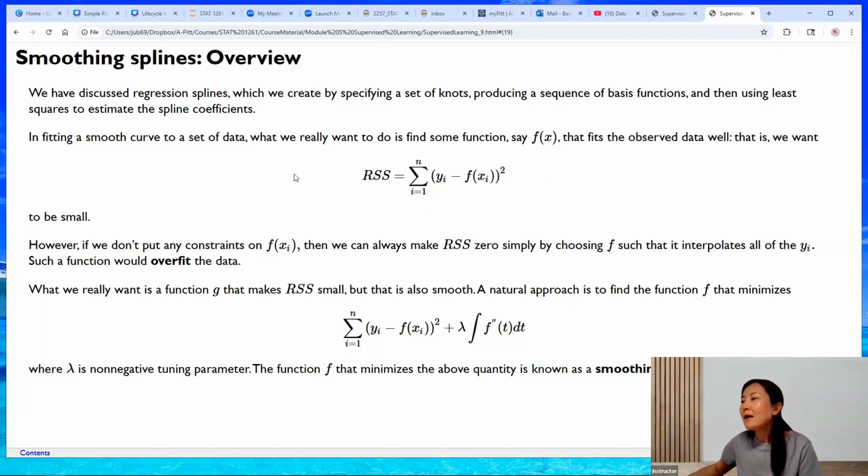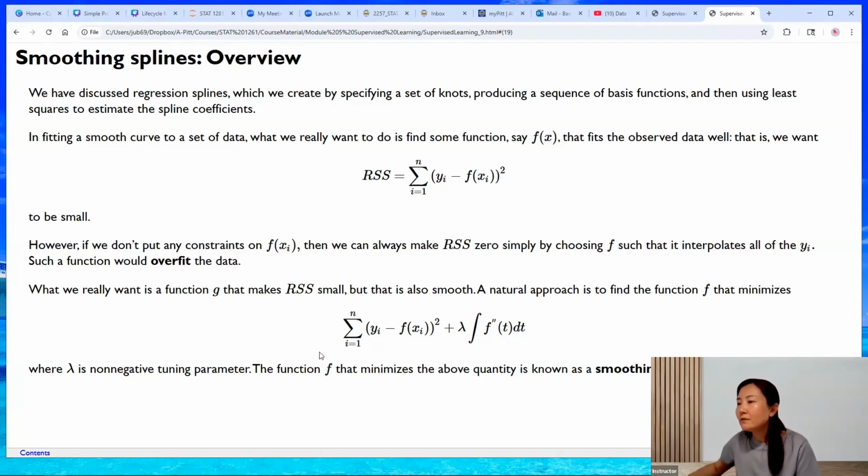So in order to deal with this problem, we can add a penalty term to the residual sum of squares. The penalty term is lambda times the integral of the second derivative of the curve.